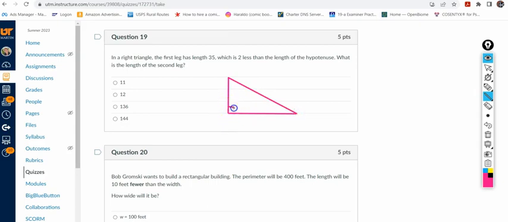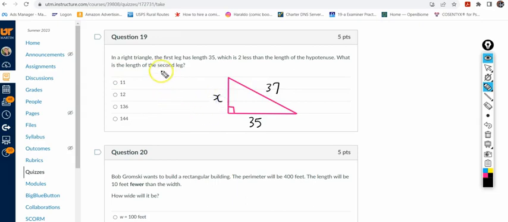The first leg has length 35, which is 2 less than the length of the hypotenuse. So there's a leg, and this is the hypotenuse here, across from the right angle. And so the hypotenuse is going to be 2 more than 35. Okay. What is the length of the second leg?